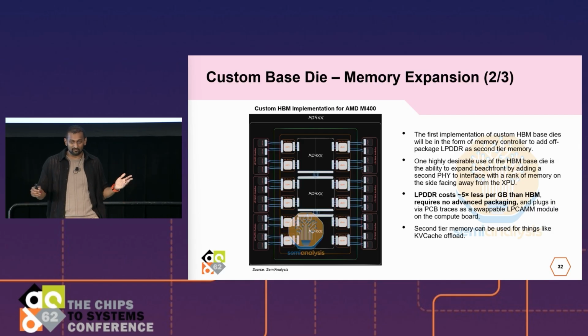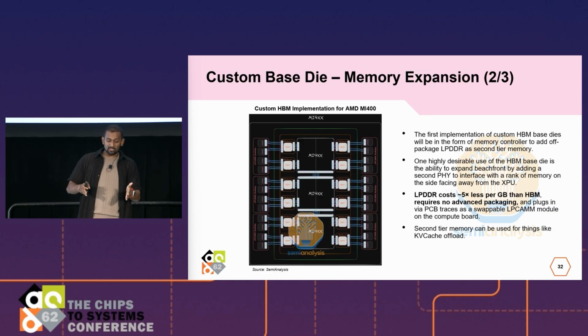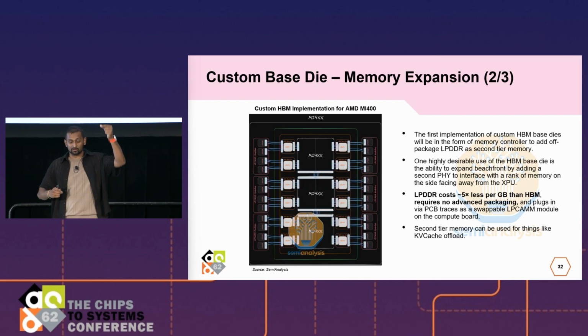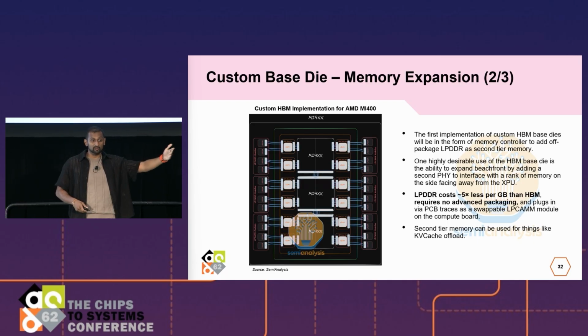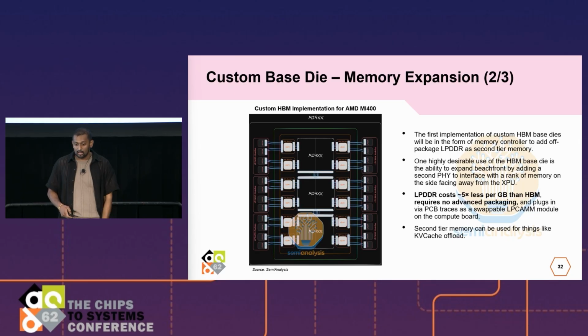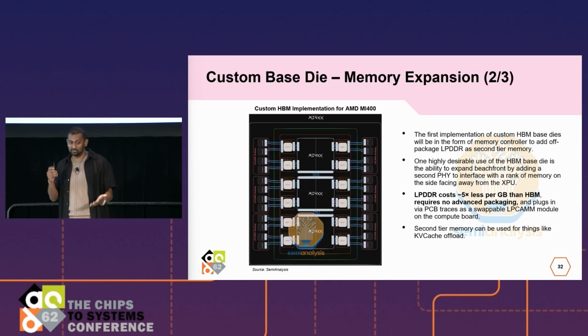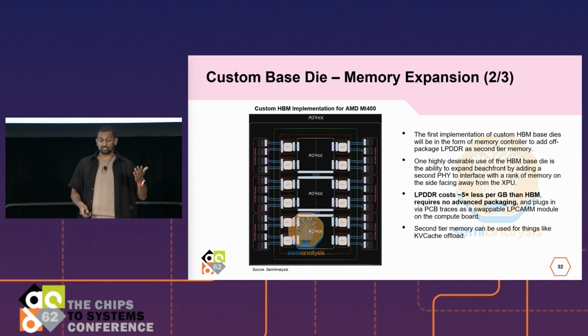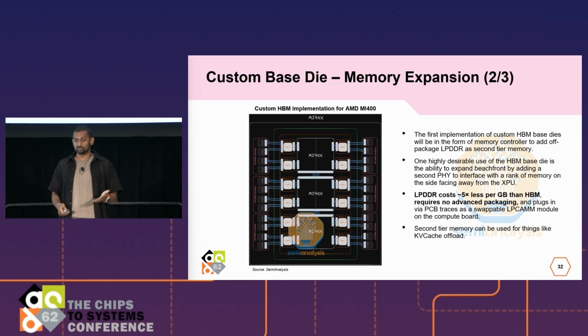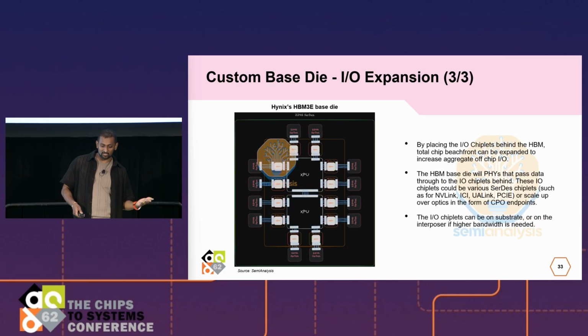That's typical of every design, but behind the HBM, they've stuck a memory controller in the HBM base die that lets them go to another tier of memory, which is LPDDR. And NVIDIA is doing the same thing. This gives you flexibility on how much capacity you want. You're going to have all the bandwidth, but how much capacity do you want? And this is useful for things like KV cache offload.